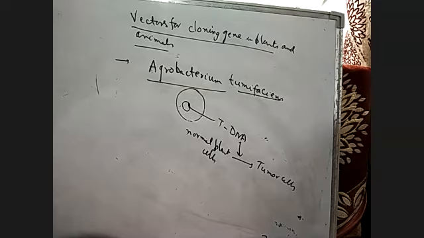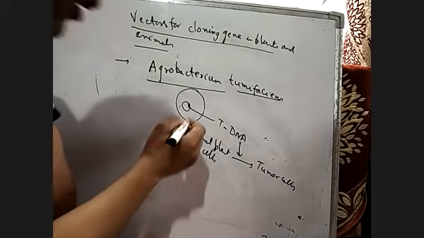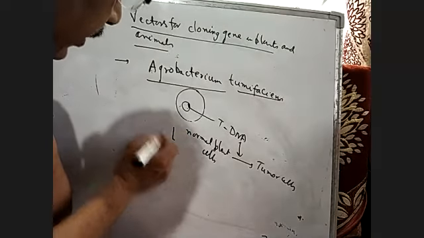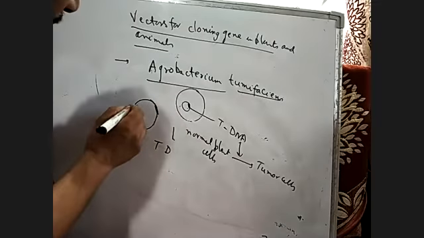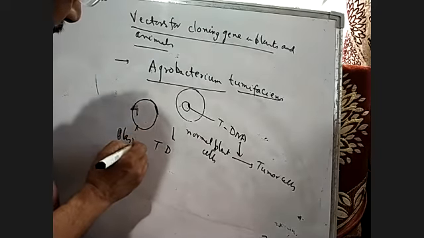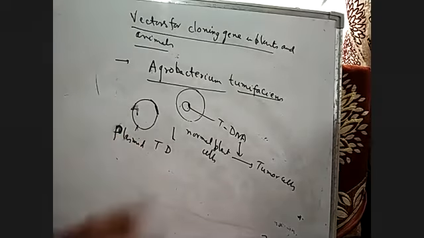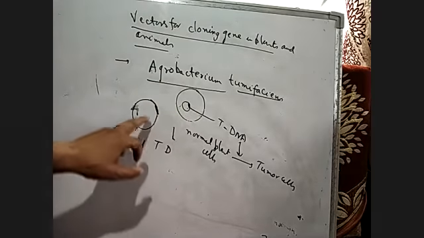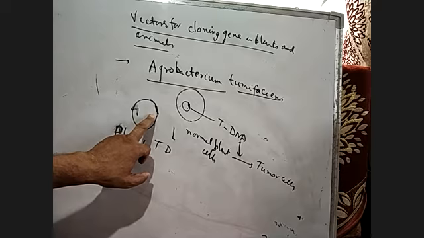Then the tumor-inducing plasmid of Agrobacterium has been modified into a cloning vector. This gene has been removed. This is called a plasmid, the plasmid of Agrobacterium tumefaciens, and the tDNA has been removed because tDNA caused the tumor in the plant cell.